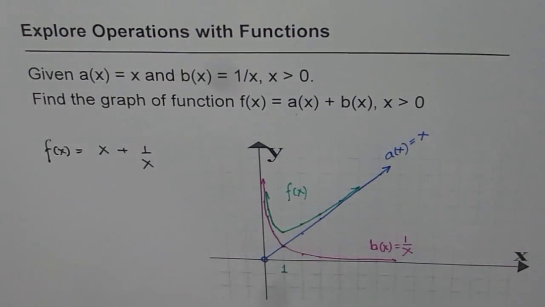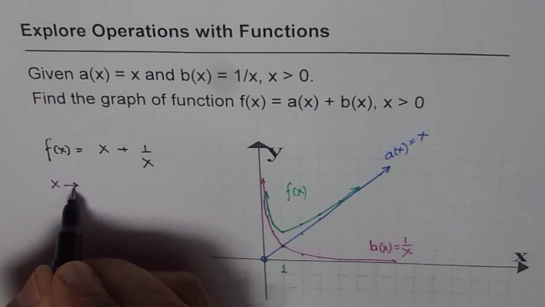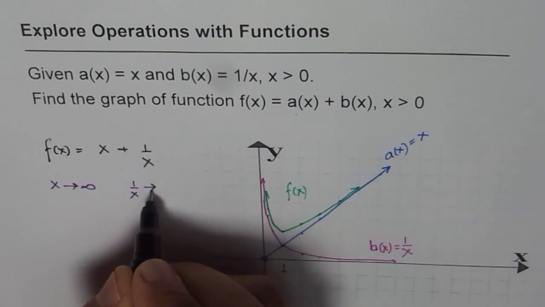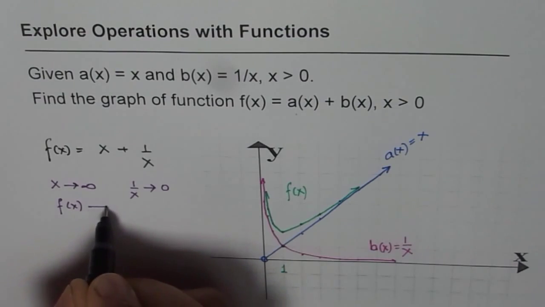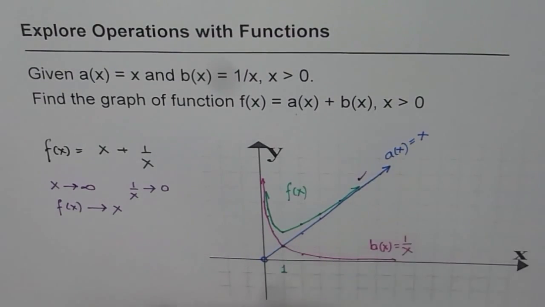I hope the steps are absolutely clear. Now let us analyze the equation and then check our result. You can see from here that if x is approaching infinity, then 1 over x approaches 0, right? And therefore f of x approaches x. So that is what we see here, correct?